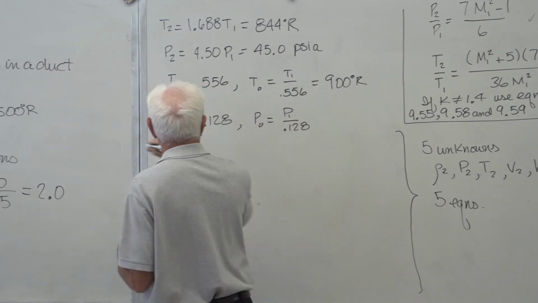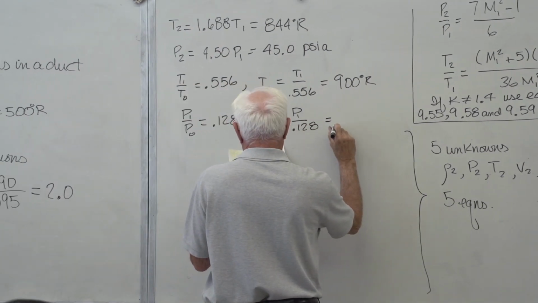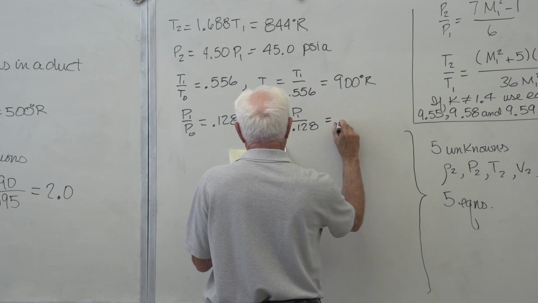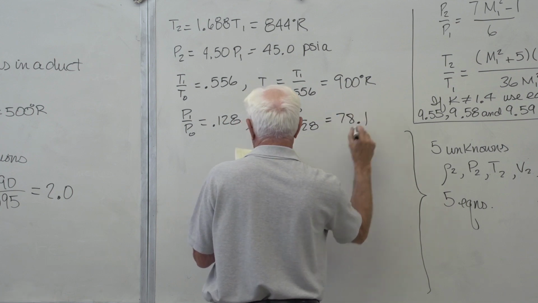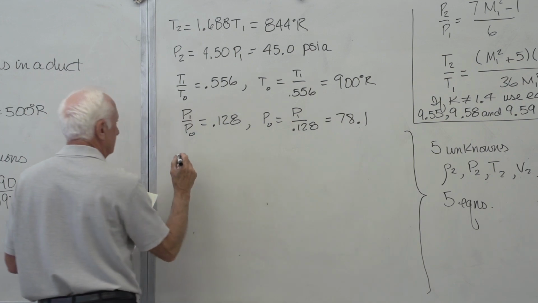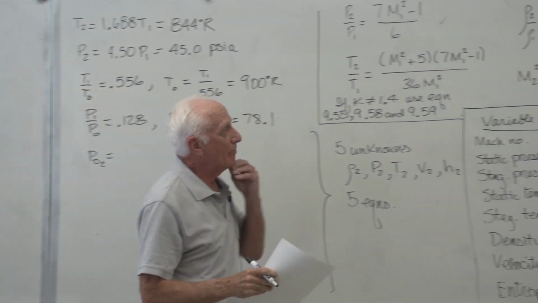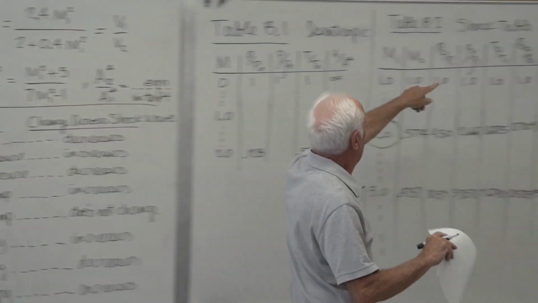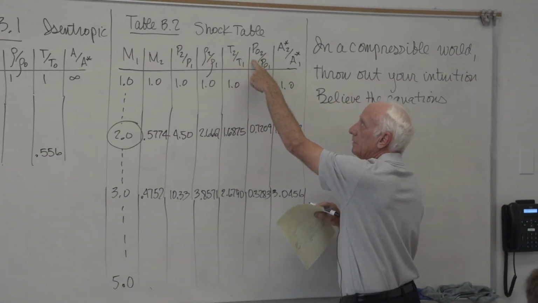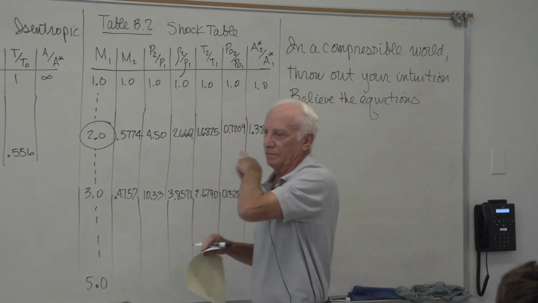P1 was given, 10 psi. So P naught 1, 78.1. P naught 2. Okay, I want P naught 2. Here, right here. P naught 2, Mach number 2, 0.721.